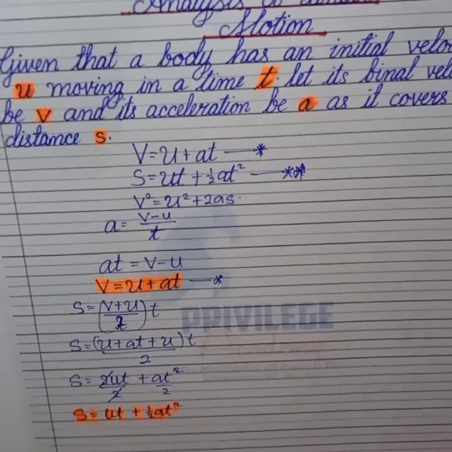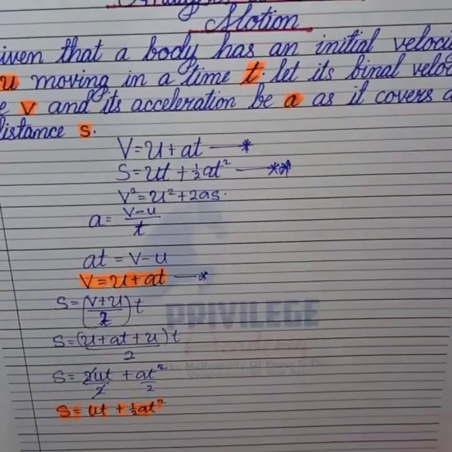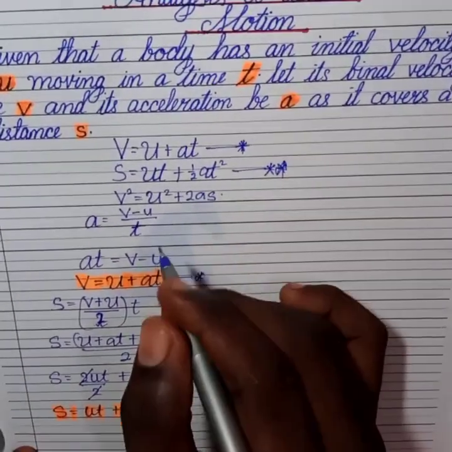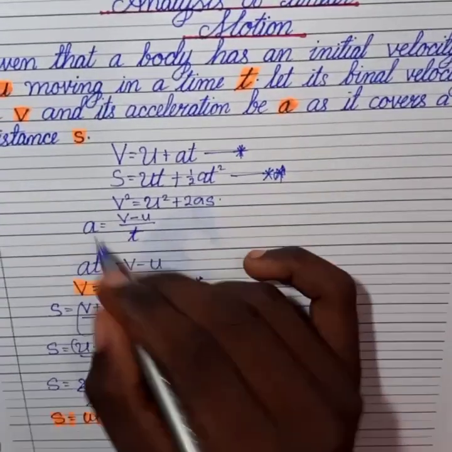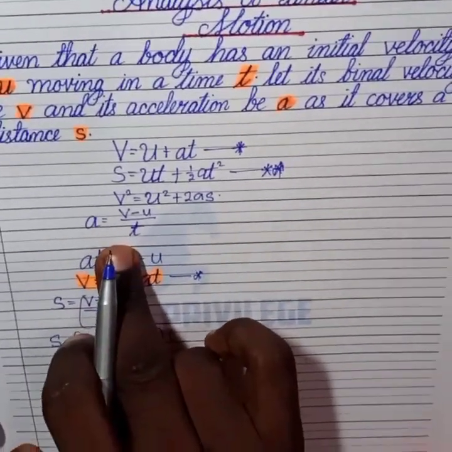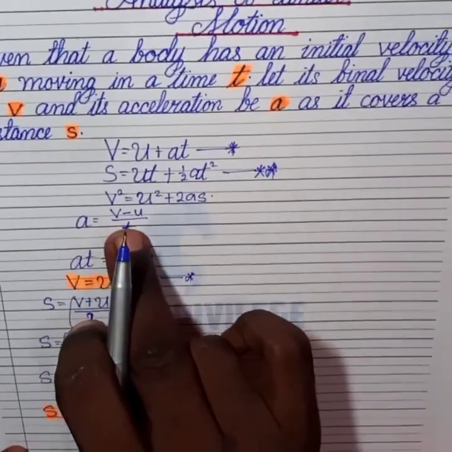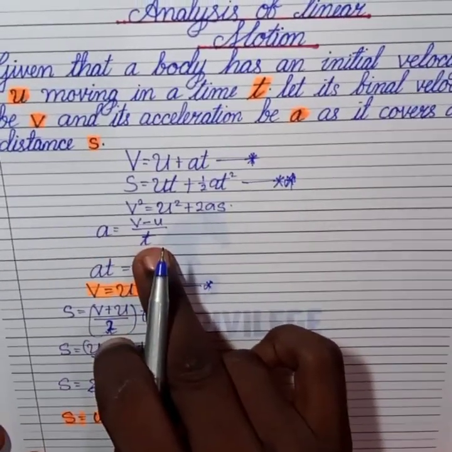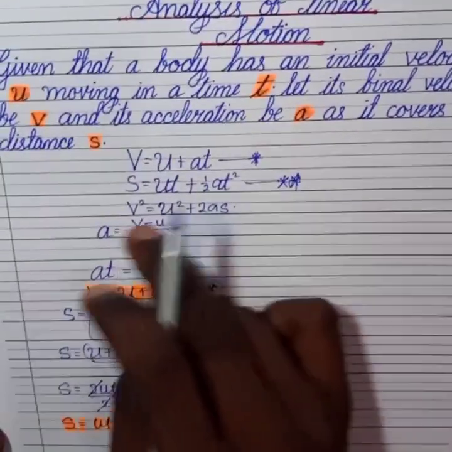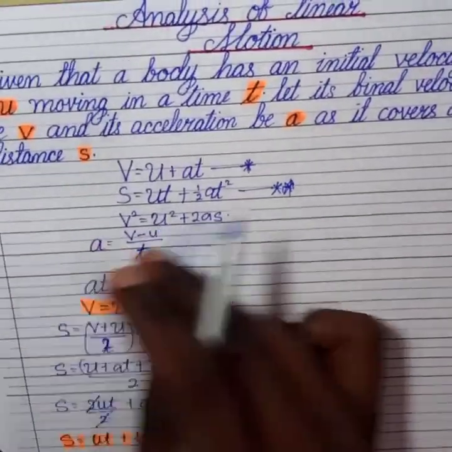Now let's go for the third one. Before we go to the third one, I would like us to go back to this particular equation here, that is the definition of acceleration, where we have a equal v minus u over t. Then we are going to make t the subject of the formula from this equation.